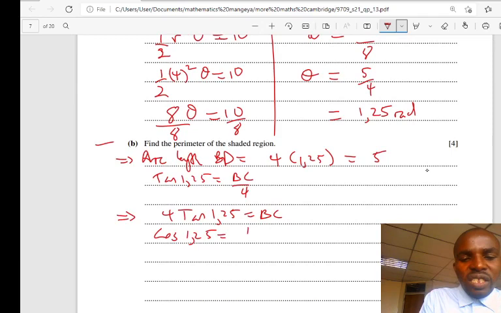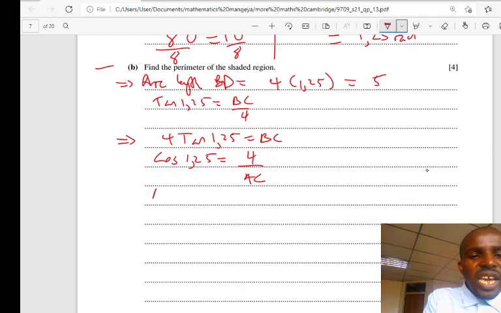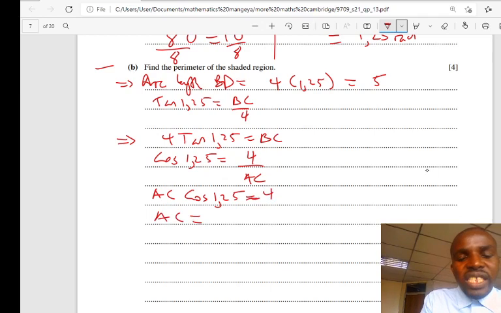So cos 1.25 is 4 over AC. Then after that, you multiply by AC: AC cos 1.25 is equal to 4. Then divide by cos 1.25, you get AC is equal to 4 over cos 1.25.